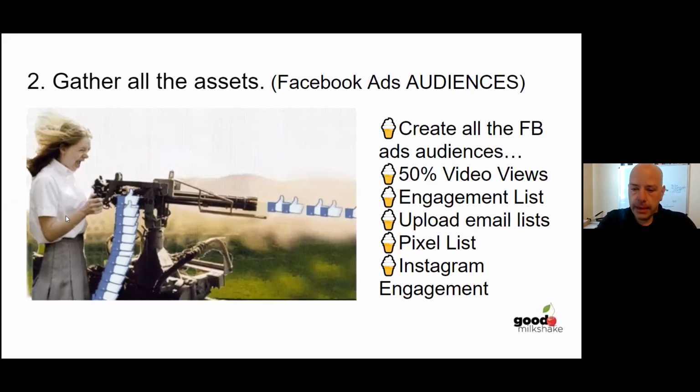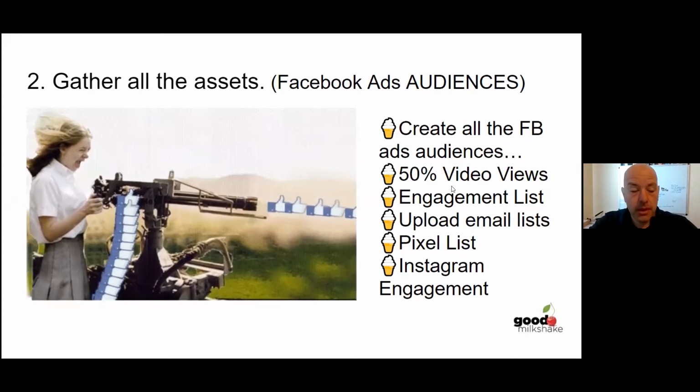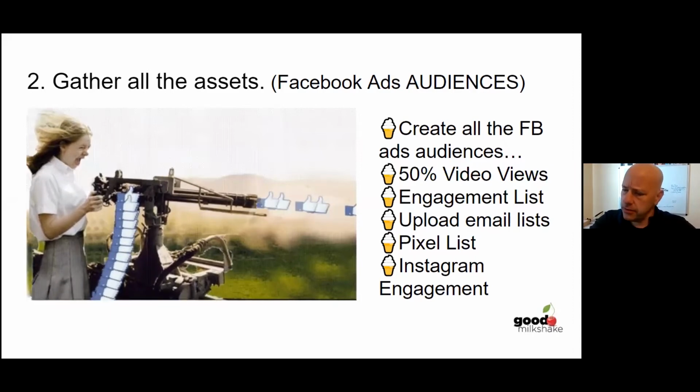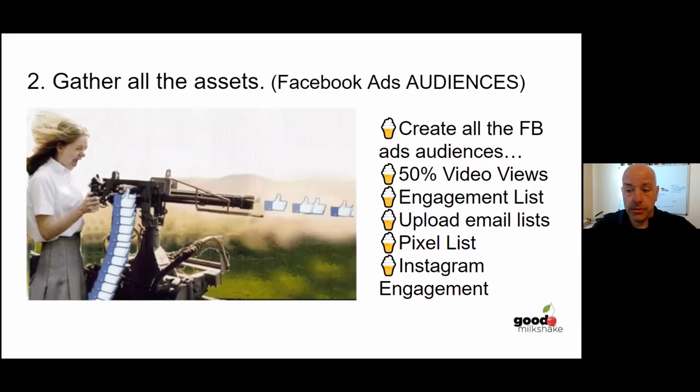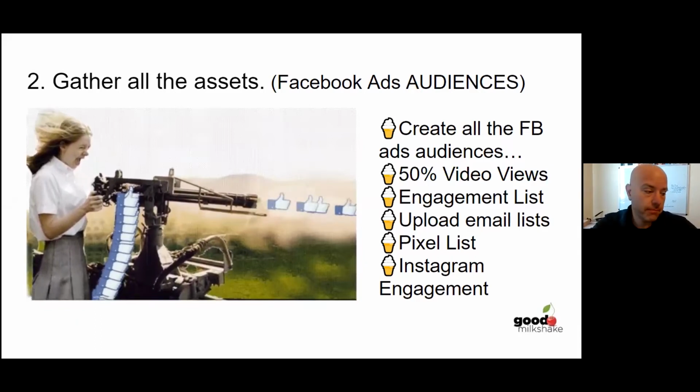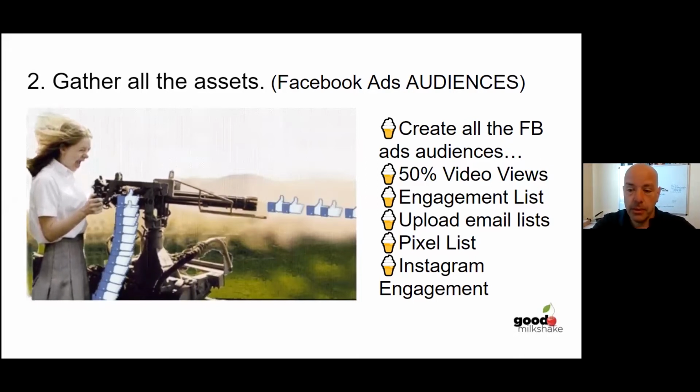So what I'm talking about here is I take a video, and I take anybody that's watched 50% of that video, and I can retarget my ads to those people. And I'll show you how to do that in just a moment. That also includes an engagement list. So anybody that's ever engaged in your ads in the last 30 days, for example, I can create a list of people that have engaged with your ad and then retarget any ad to those people.